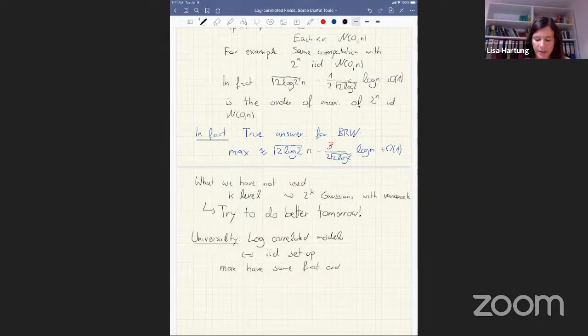And in this second order term, which is the logarithm of n somehow, what you need to do is you need to always replace the 1 with the 3.